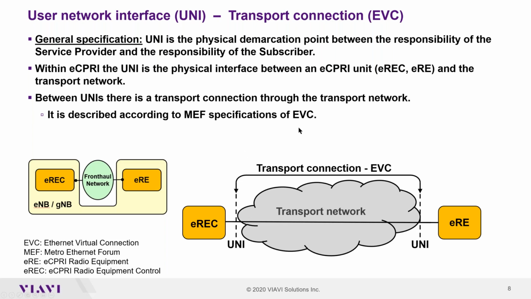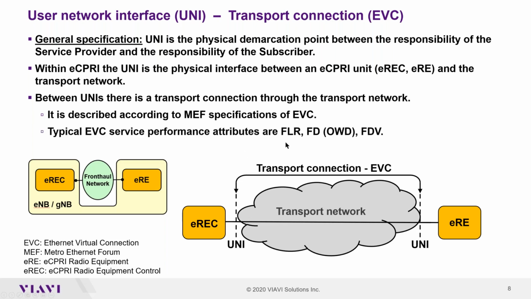MEF specifies the EVC and of course also specifies performance attributes to qualify such a connection, to turn it up and to verify its proper operation. So it's frame loss ratio, frame delay, and frame delay variation. In eCPRI, besides frame delay, normally measured in round trip mode, it is also one-way delay, because we need to check that the delay between controller and radio equipment is within the 100 microseconds.